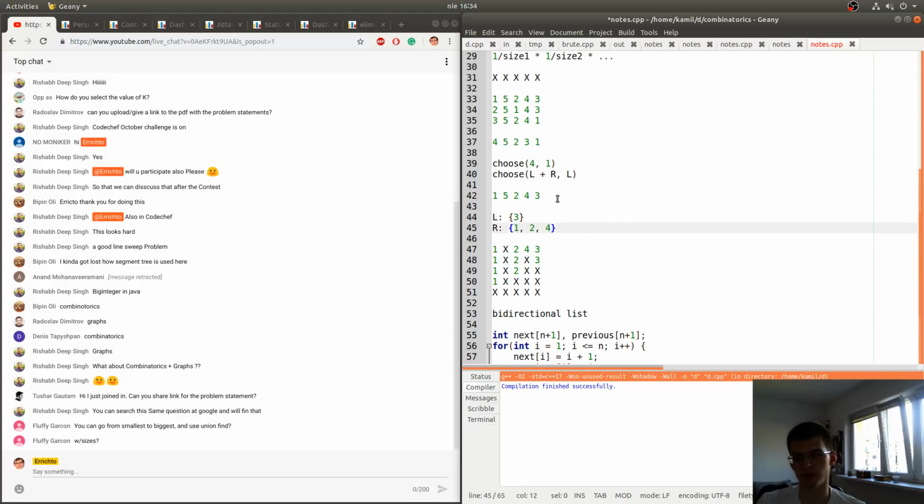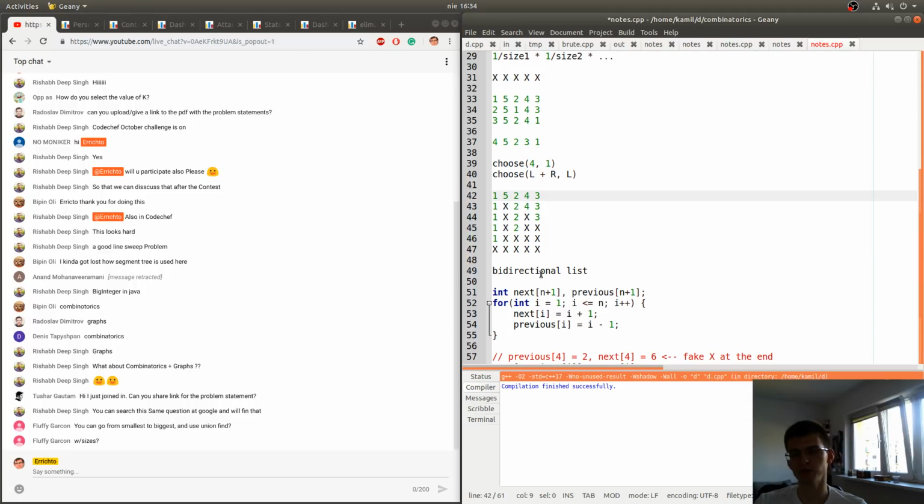This is one of the possibilities. And then of course here there would be 3, and here it would be 1, 2, 4 in some order. We don't know what order, and we don't care about it right now because it will be resolved in the future.